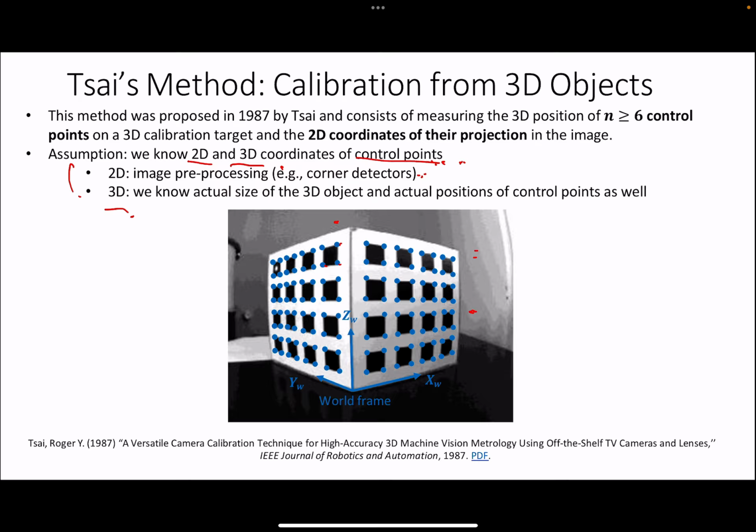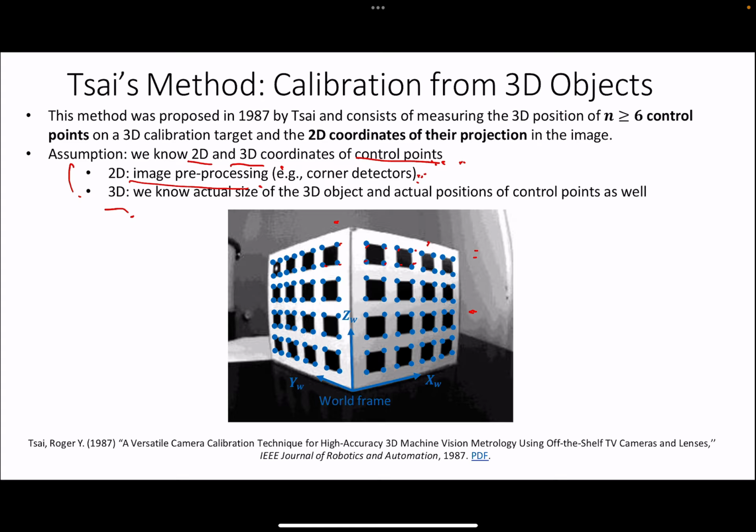These patterns should be easily recognized by image processing algorithms, because in 2D space, of course, we can use manual annotation. Let's say we have an image, then we can manually select the corner points, but this is too labor intensive, right? So we want some automatic algorithm. So we are going to use a 2D pre-processing algorithm to detect corners, so we need to design this 3D object to be 2D algorithm friendly, consisting of easy, simple patterns.